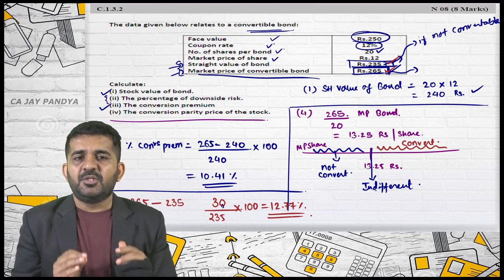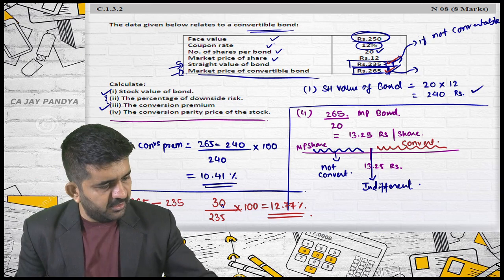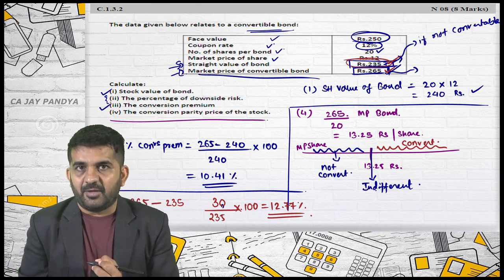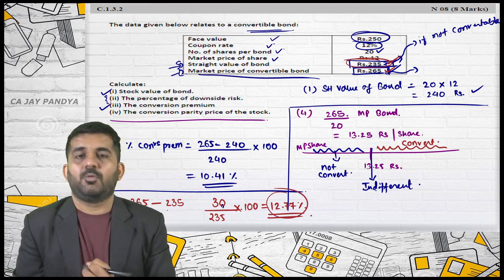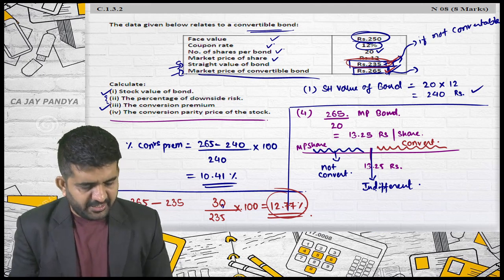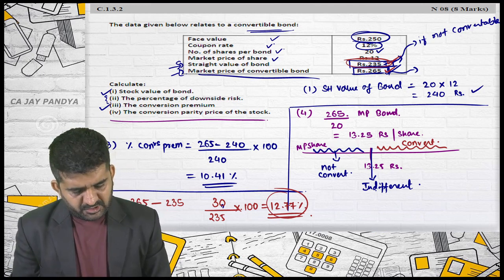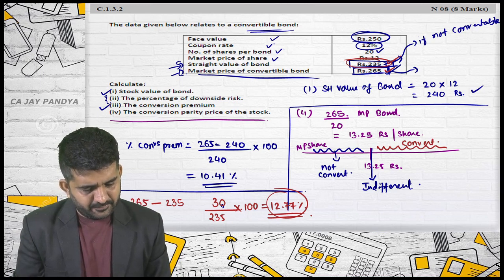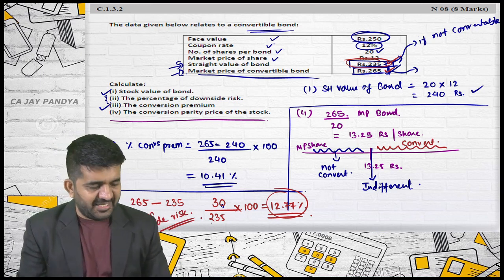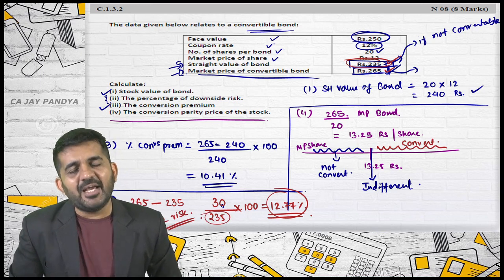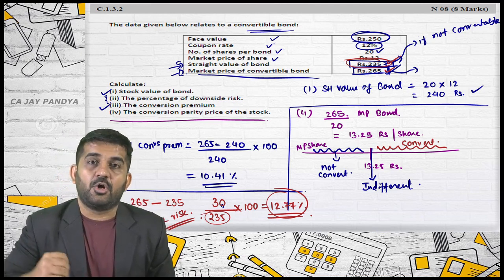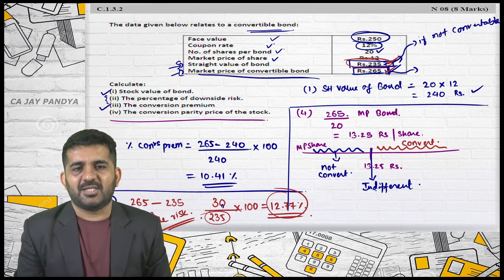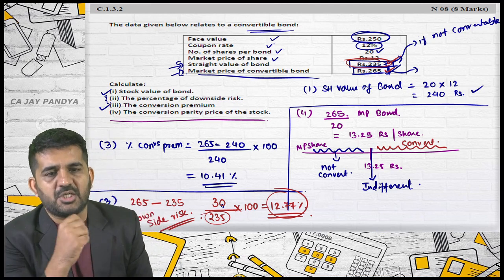If this bond were non-convertible, the price of this bond would have been 235. As this bond is convertible, the price of the bond has increased by 12.77%, and so this is named percentage downside risk. I absolutely agree that here there should be 265, but as I told you, conversion premium percentage and downside risk are always calculated on the lower base amount and not the higher amount. So this is the percentage downside risk.